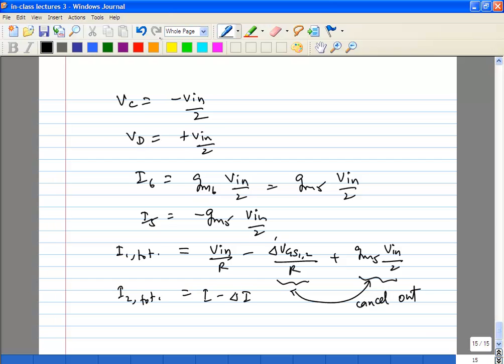Similarly, you have I minus delta I on the other side, and again that will depend on gm5 or gm6. So you set this too. So you're going to design this guy. Okay. So this is another way. This is the feed forward method. One example.